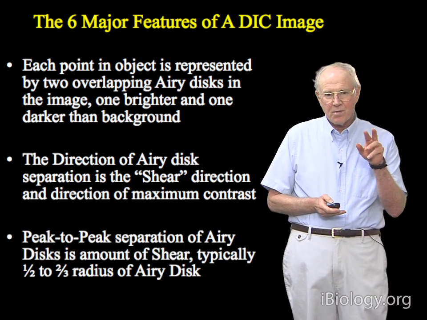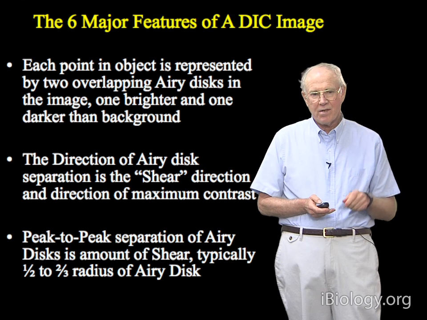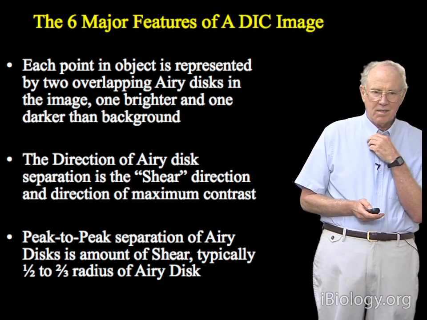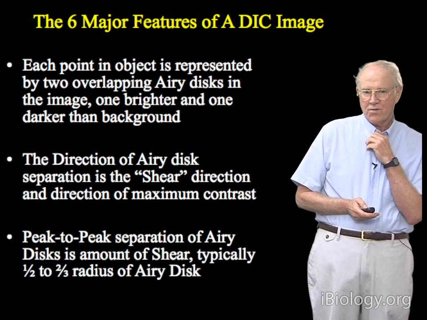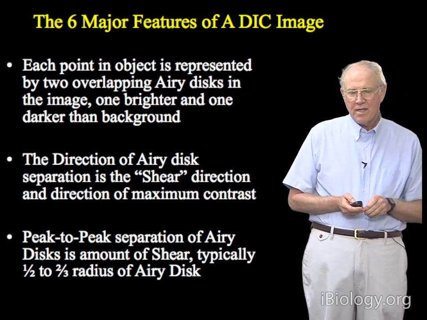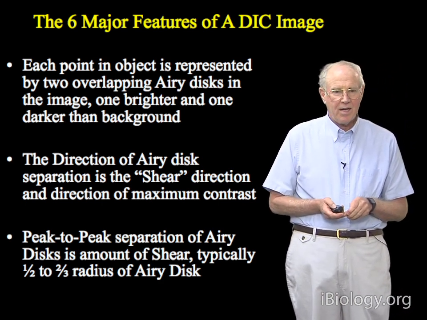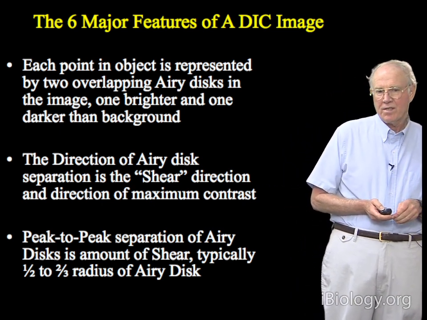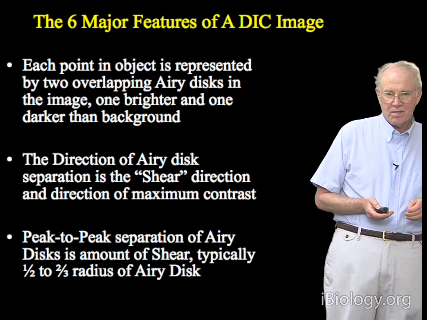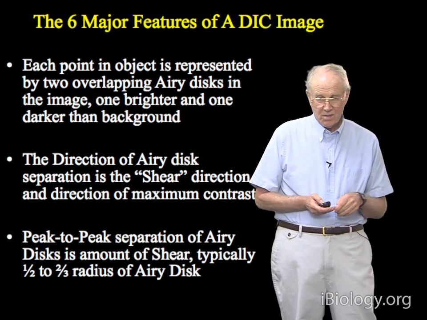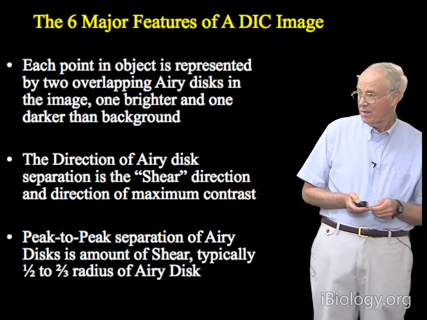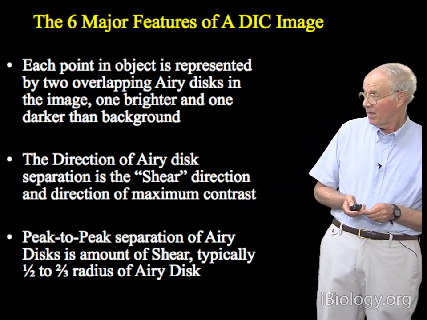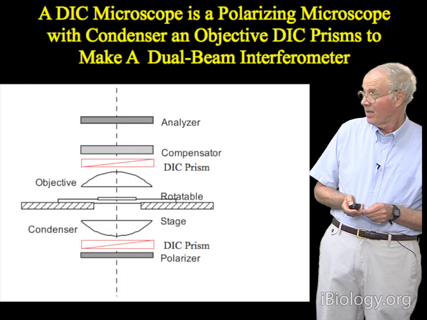The peak-to-peak separation of the two black-white airy discs is the amount of shear, shear being the term for the separation of those two images, and it's typically chosen to be about a half, sometimes two-thirds, but usually a half of the radius of the airy disk, so that you can approach the maximum resolution possible of the objective, even though you're making up the image out of two airy disks.